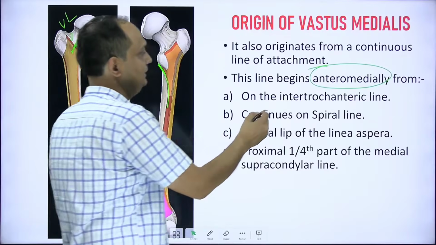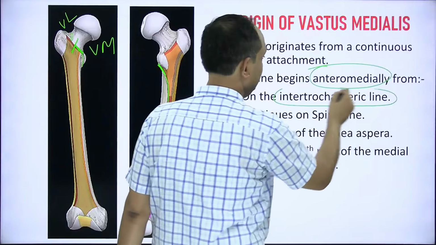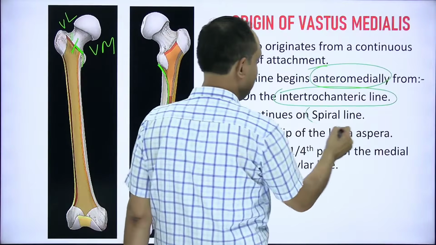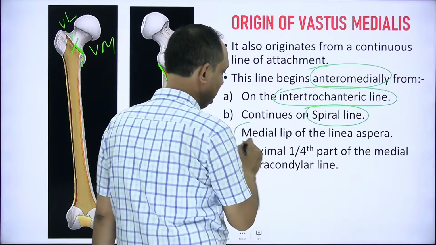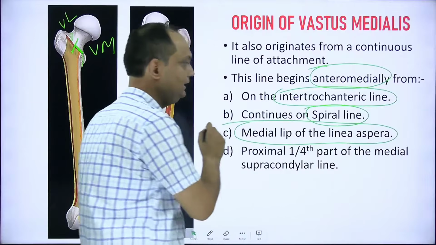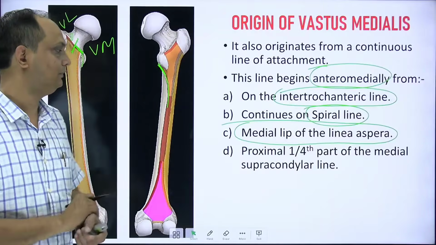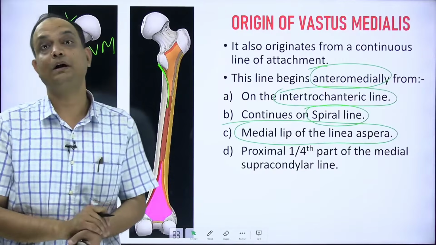So, first it starts from the intertrochanteric line, the medial half, then it continues on the spiral line, the origin continues with the medial lip of linea aspera and the proximal one-quarter of the medial supracondylar line.